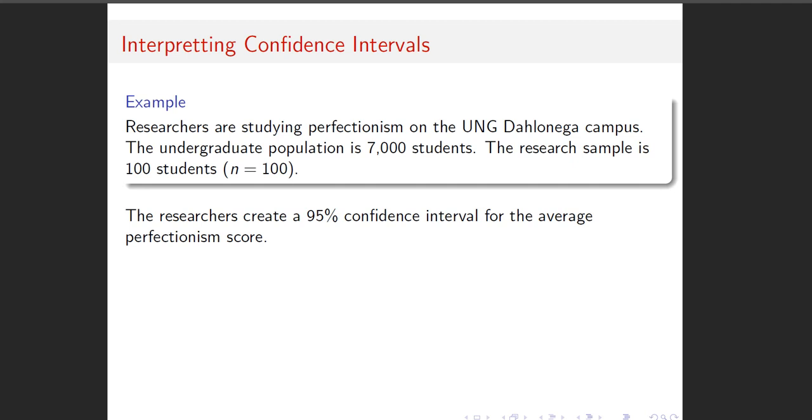Okay, but let's suppose that some researchers are studying perfectionism on the UNG Dahlonega campus, and let's suppose that the UNG undergraduate population is 7,000 students, and the research sample is 100 students.